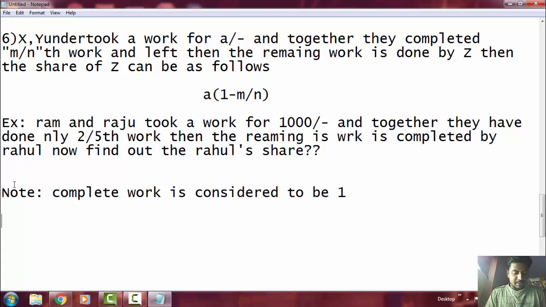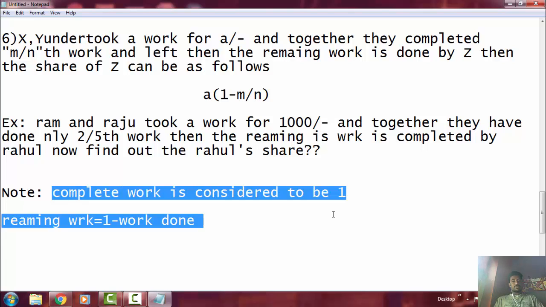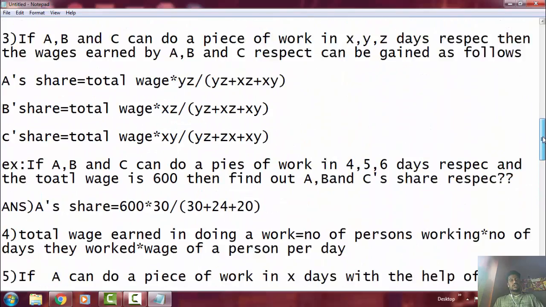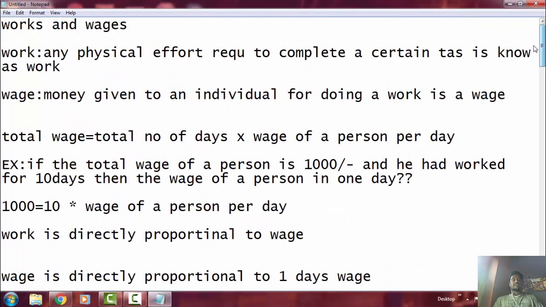Remaining work is equal to 1 minus work done. Okay, these are the simple points you need to keep in mind when you do the concept of work and wages. It is a very simple concept. You can find only these 6 different methods of problems in work and wages.